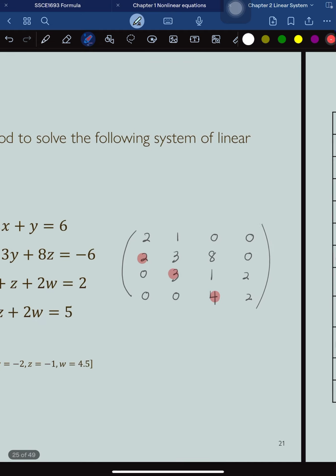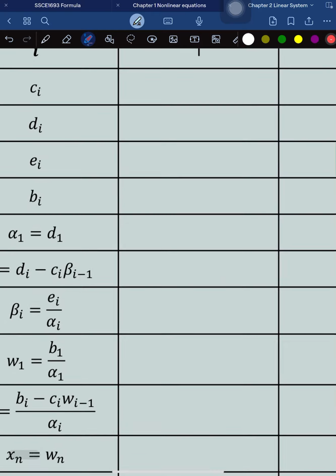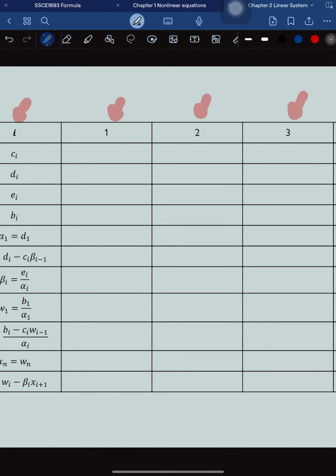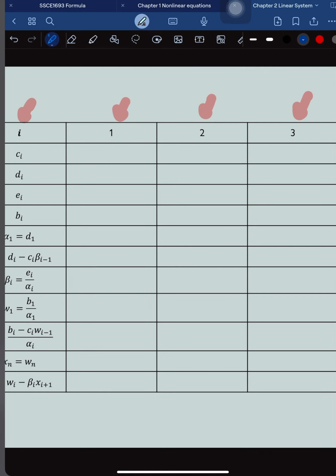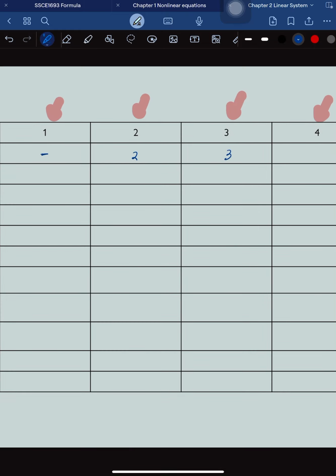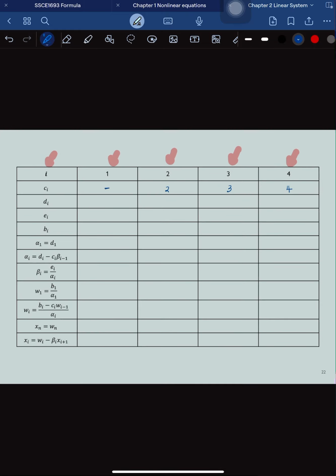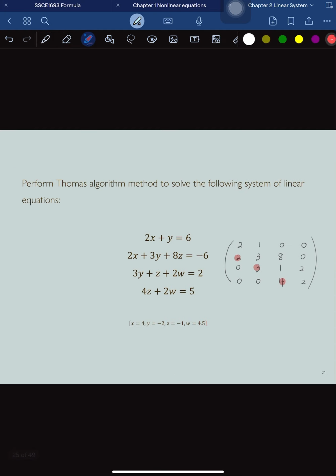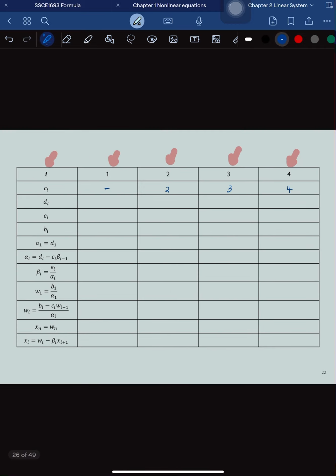Now our C. What is C? 2, 3, 4. So you cannot start from here. And D. What is our value of D? D is 2, 3, 1, 2.